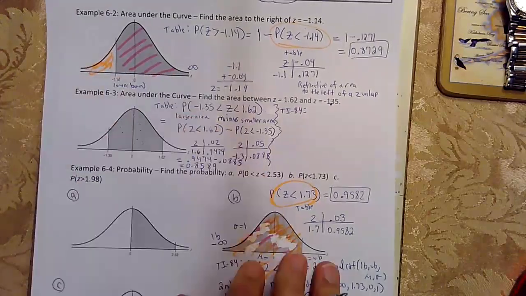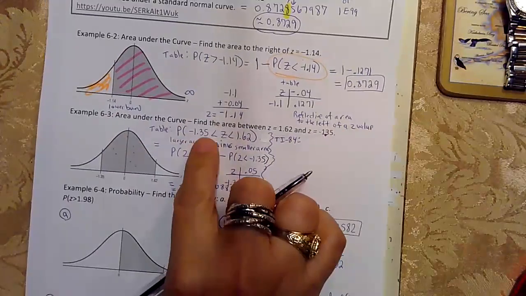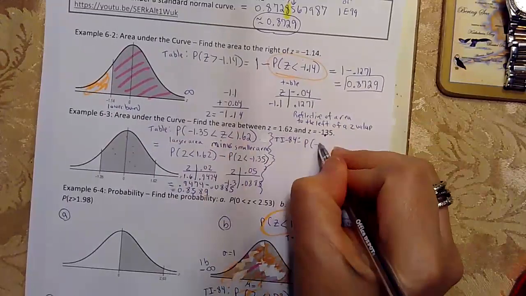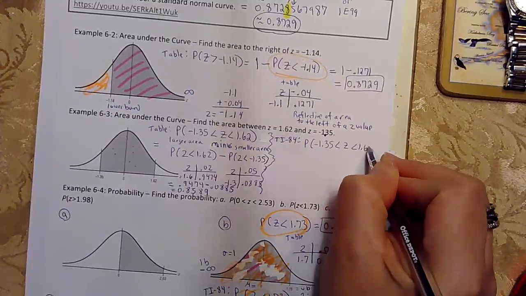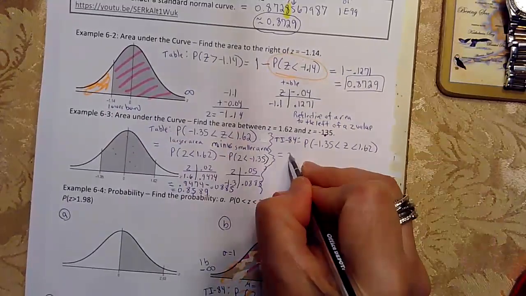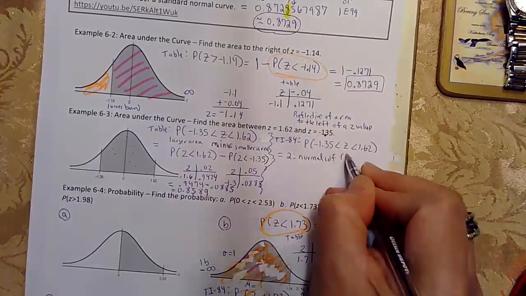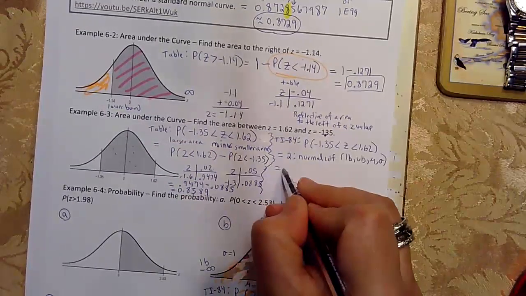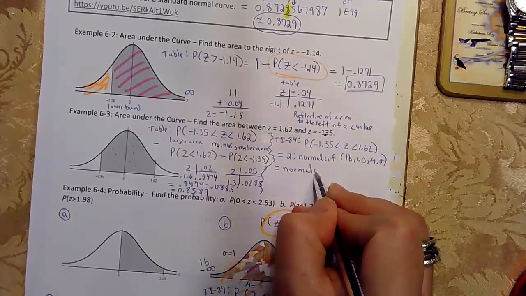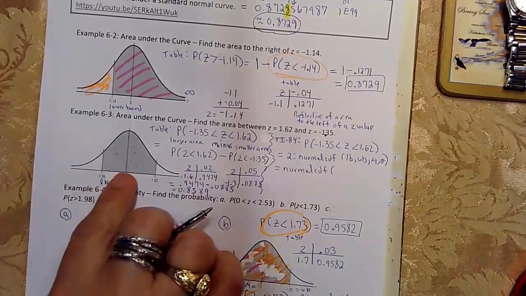Now we're going to find the area again using the calculator. This will be set up the same. Your area is trapped between negative 1.35 and 1.62. And we're using that number 2 command, normal CDF, lower bound, upper bound, mu and sigma. We read graphs from left to right, so this is your lower bound, and this is your upper bound.